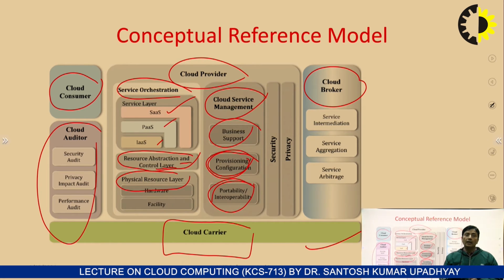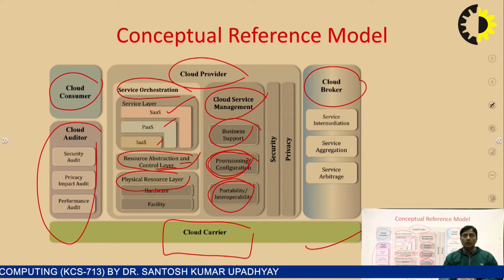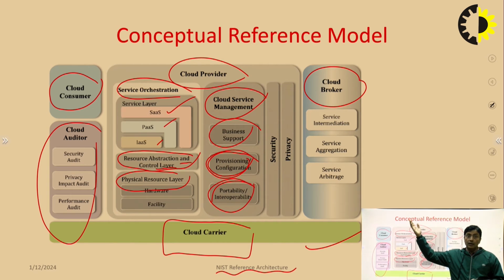Or in fact, you can shift your computing load to some other data center also. That is the interoperability, and that data center may belong to some other vendor. That means these services and load can be interchanged with some other vendor also. That is the interoperability. So all these are the work of the cloud provider.